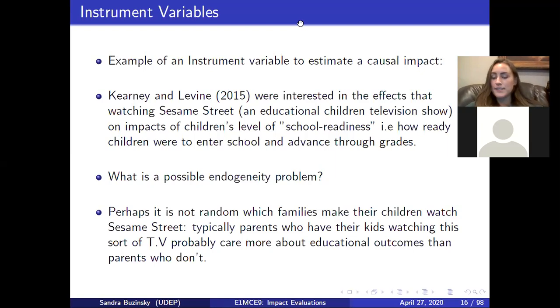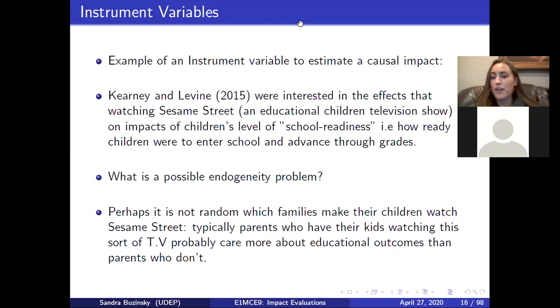Also, if parents care enough to make their child watch Sesame Street to get ready for school, maybe they care enough to do other things as well. Maybe they're more likely to make them read at night or practice their alphabet or other factors that might affect their educational outcomes besides just Sesame Street, right? So families that make their kids watch Sesame Street are probably different than parents that don't.